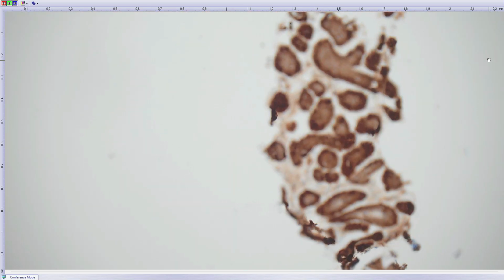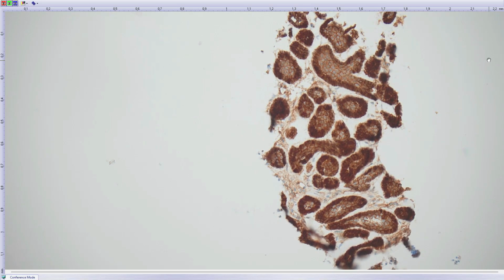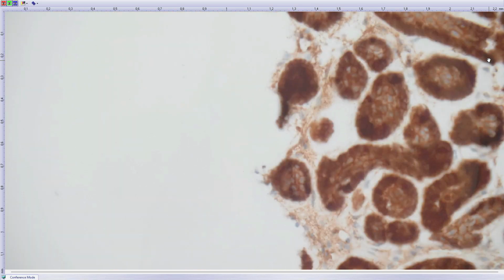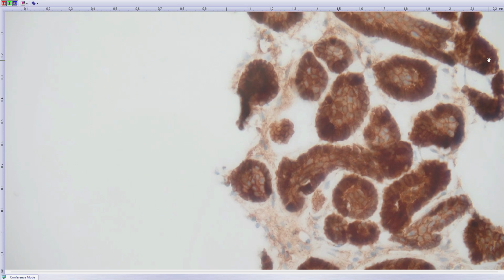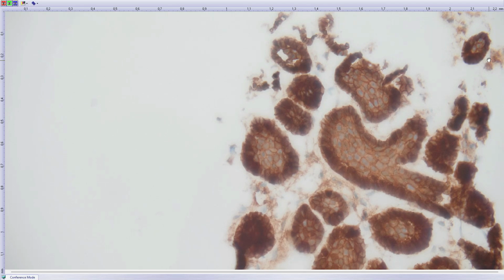So it looks a little bit overstained, but you can see that it's clearly membranous in the luminal cells and some cytoplasmic as well as nuclear positivity in abluminal cells, but there's an even better marker called LEF1.